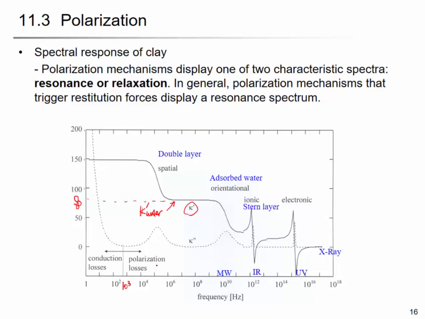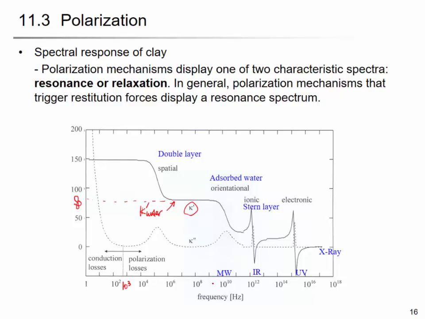GPR. Have you heard of GPR? What's the frequency of GPR? Ground penetrating radar. You can have several types of antenna, and high frequency is around several gigahertz, and low frequency is like 20 megahertz.